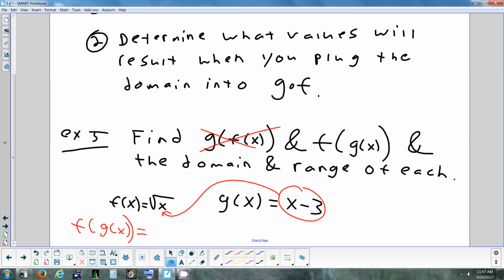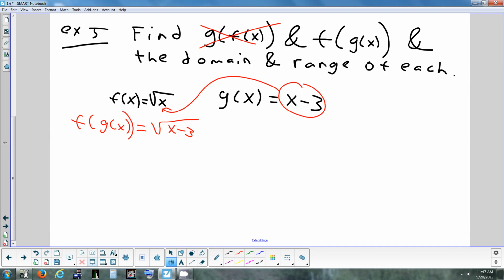So if I find f of g, what would I get for my answer? Can you say the first part again? Yep, the square root of x minus 3. Perfect. There's your answer.